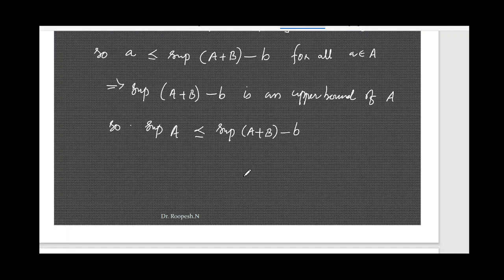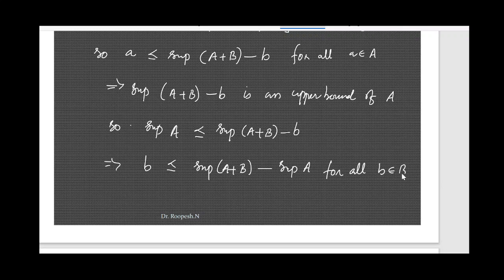So this implies, you can take b to this side. This implies b is less than or equal to supremum of A plus B minus supremum of A, for all b belongs to B. This implies this is an upper bound, right?